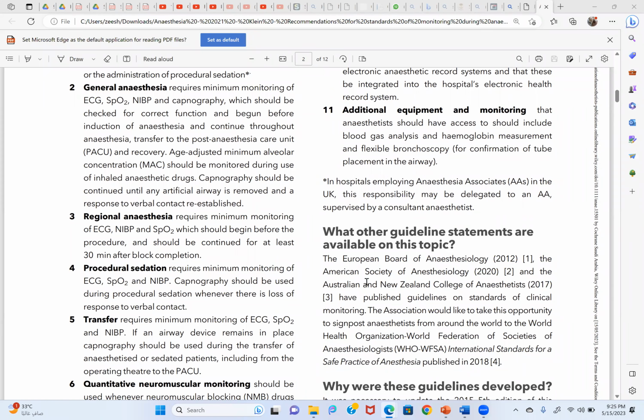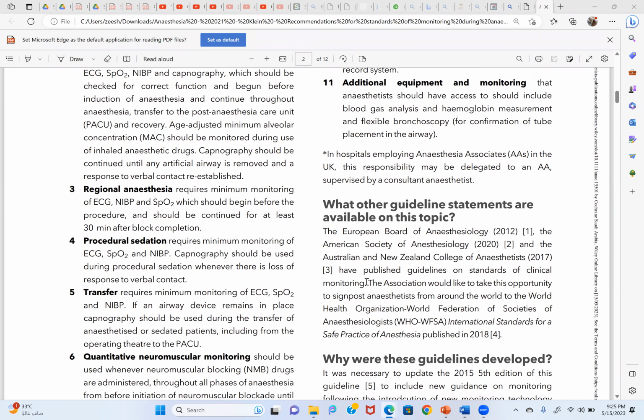You can have even an arterial transducer attached, especially in patients transferring from the anesthesia unit to the ICU. Even maybe you can monitor arterial blood pressure in the PACU. So you need to have the same standard, and these are actually sideways monitoring standards.